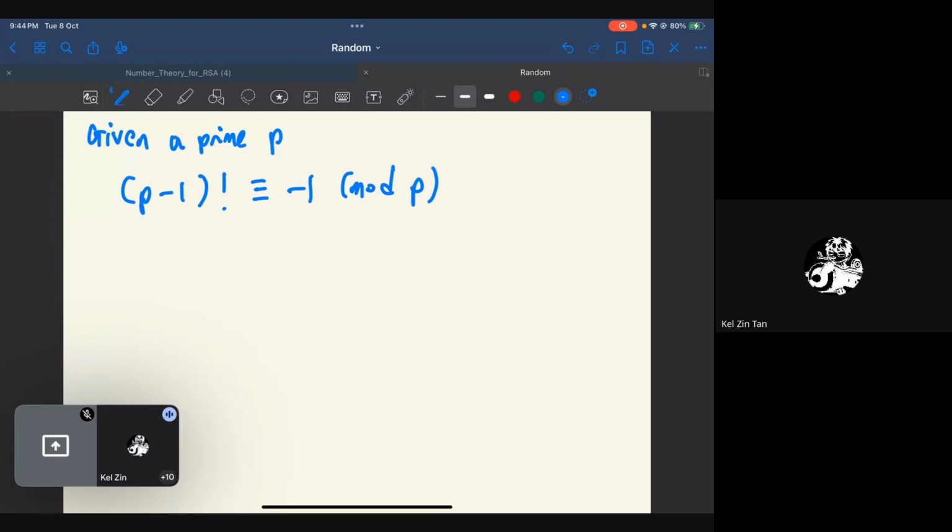We call this Wilson's theorem. So does anyone want to guess why this is the case? Do you have any idea why this would be true?